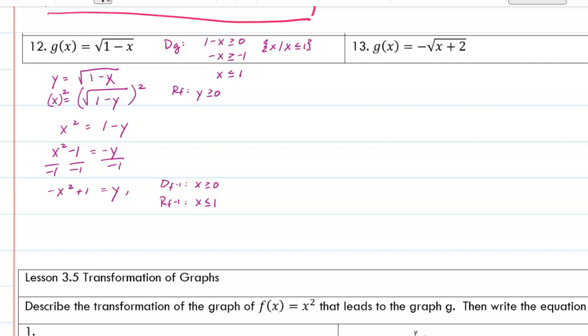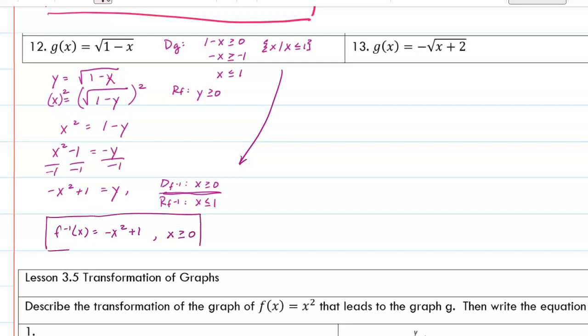For usual quadratics, the domain of all quadratics is all real numbers, but we got this restriction from the inverse. So my inverse function has to include that restriction where the domain has to be greater than or equal to 0. That's my complete answer. If you leave this part off, it's wrong.